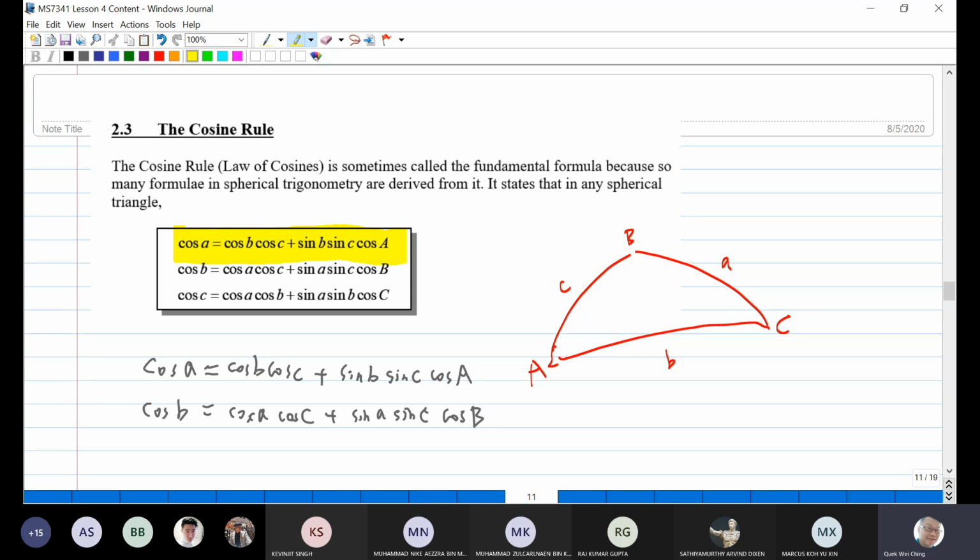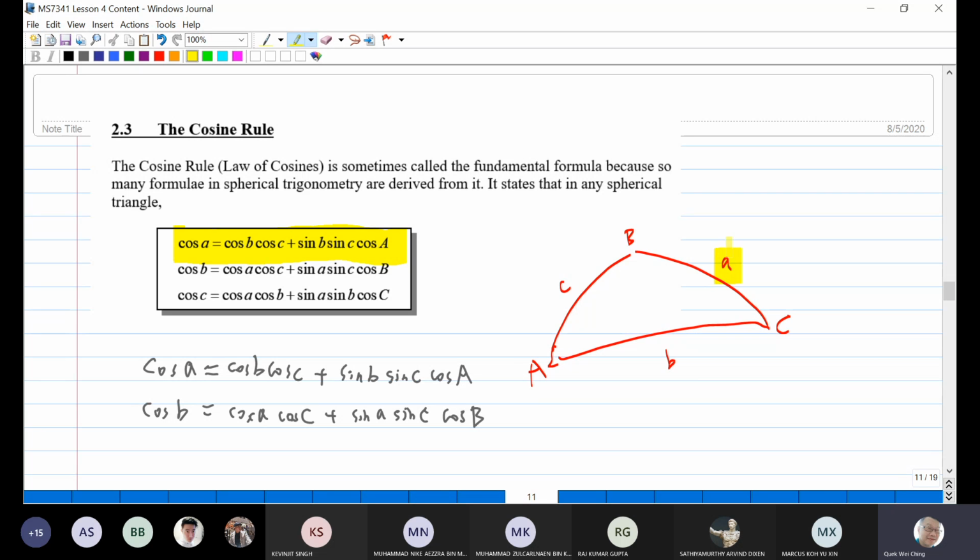So how do you remember this? You want to find the cosine of side A, so you start with side A first.